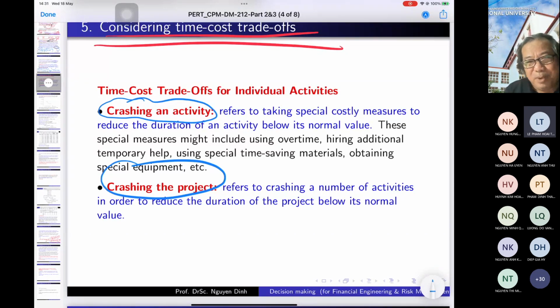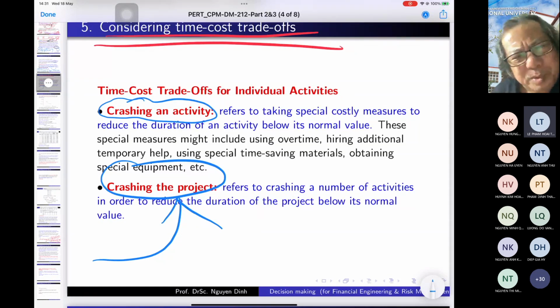For example, the critical path is 44, and now you want to reduce it to 40. And on the critical path, you have 10 nodes. So for the whole project, which nodes should we reduce? This critical path A, B, C, D, K, N, L, or something like this.